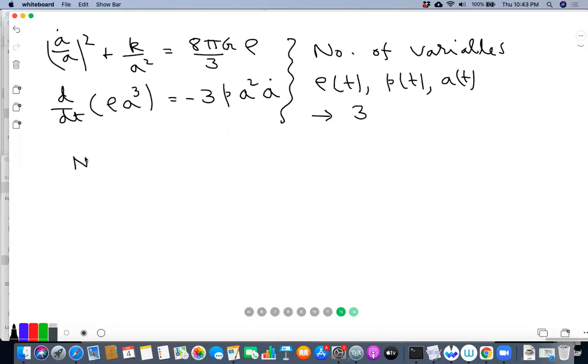On the other hand, the number of equations is 2. So there is a mismatch. Just based on these two equations, you cannot solve for these 3 variables. We do need one more equation to be able to determine the time evolution. Otherwise there are too many variables and too few equations.